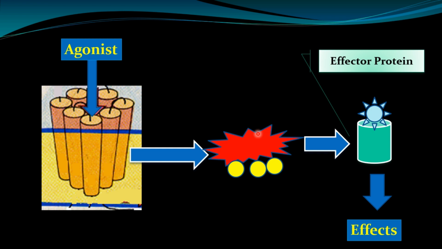If the serpentine type of receptor is linked with GS, it increases the adenylate cyclase enzyme and increases the cyclic AMP, and then it is the duty of cyclic AMP, which is the secondary messenger, to produce the effect.